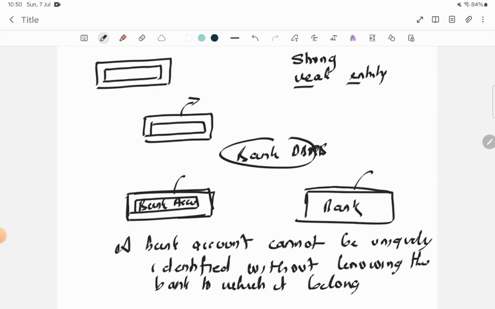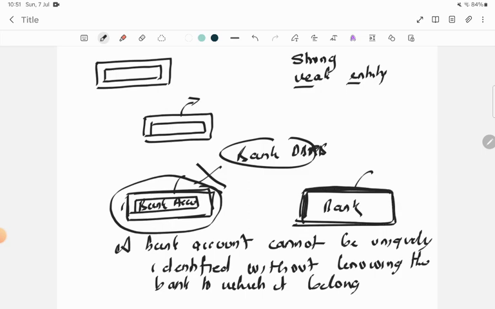If this bank entity does not exist, this bank account will also not exist, because if you don't know the name of the bank, we will never know the bank account. So this entity is known as the strong entity, and the entity which depends on the other is known as the weak entity.